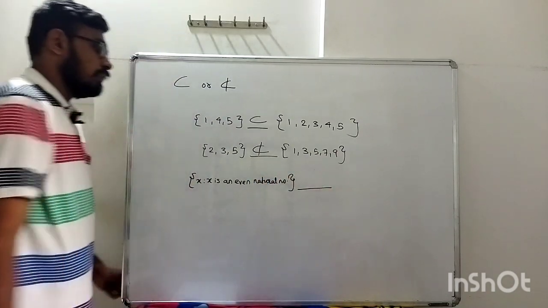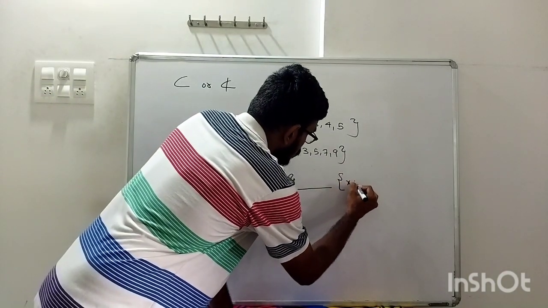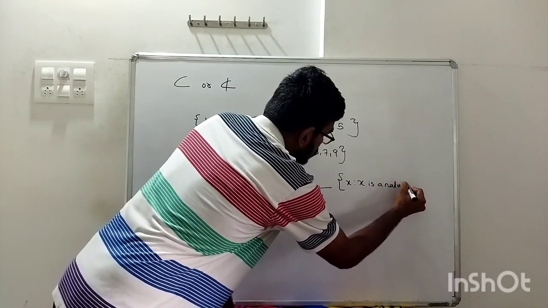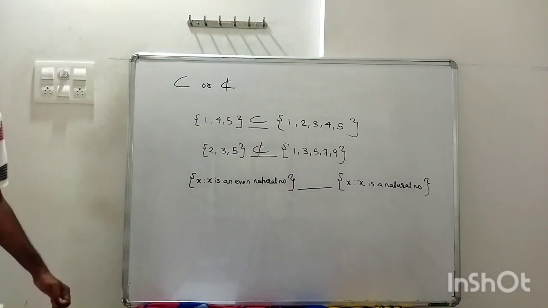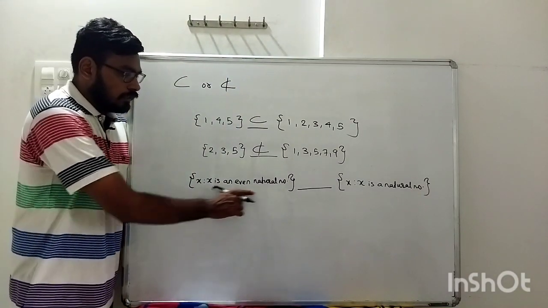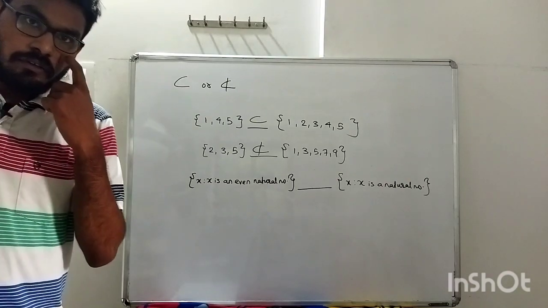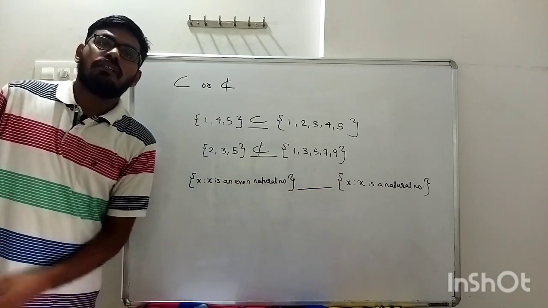X such that x is an even natural number, and here x such that x is a natural number. Now here it is written that x is an even natural number, there it is written that x is a natural number. Now is this a subset of this?